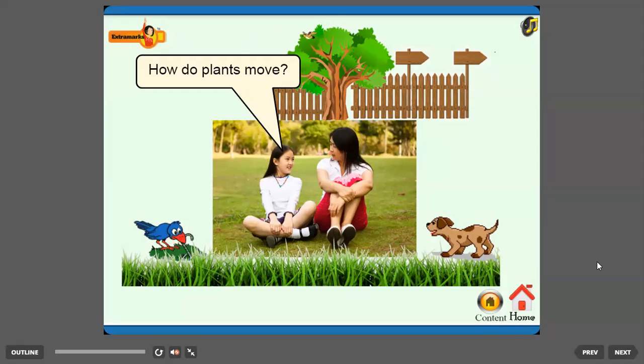When the growth movement of the plant part is toward the stimulus, it is called positive tropism. When the growth movement of the plant is against or away from the stimulus, it is called negative tropism. There are 5 types of tropism found in plants: phototropism, geotropism, hydrotropism, chemotropism, and thigmotropism.